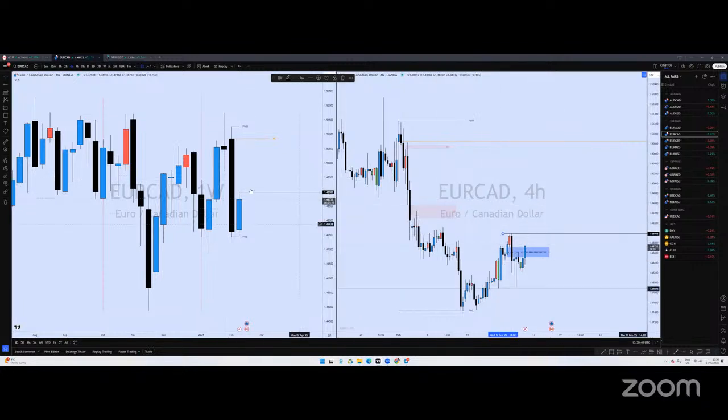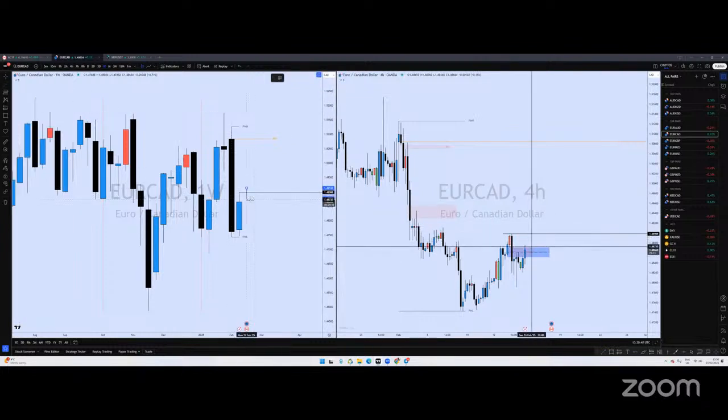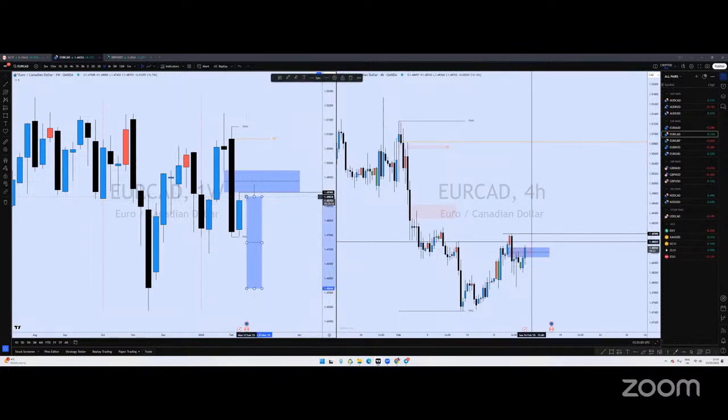Ultimately, we'll go down, but they will probably open, rally, like that, and then drop, because they would have created a fair value gap over here. So they'll open, rally, and then drop.